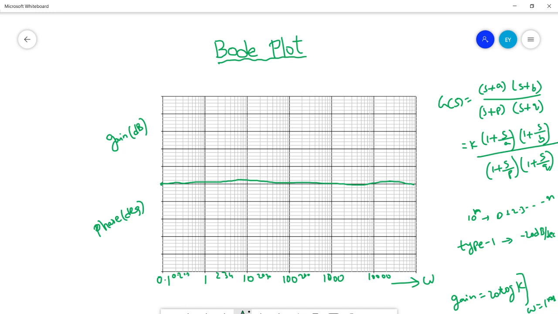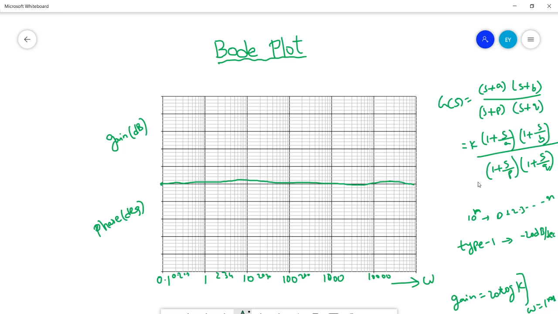So I'll write the y-axis here. Gain will be represented in dB, as we mentioned. How do we select the range of it? It is based on the transfer function you get. If you have a transfer function where there is only one pole at the origin, you know that your gain will start at minus 20 dB.